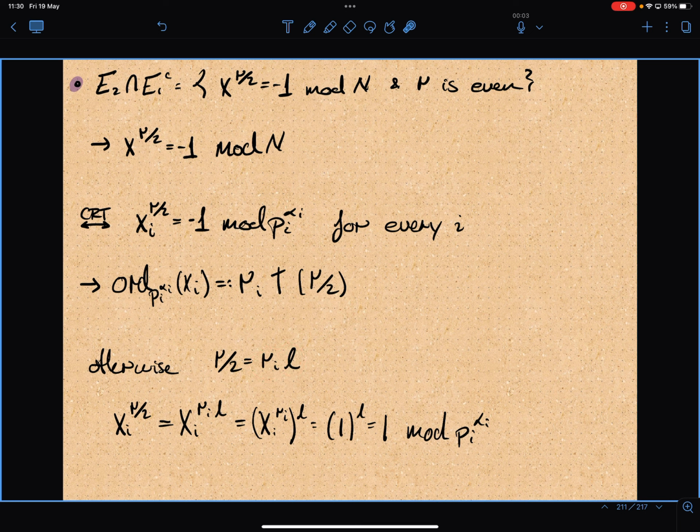Then we would have xi to the r over 2 equal to xi to the ri l, and we compute xi to the ri first, and since ri is the order of xi, this would be equal to 1, and then 1 to the l is 1, and we have that xi to the r over 2 is equal to 1 mod pi^alpha_i. So this would give us a contradiction, because we know that xi to the r over 2 is equal to -1 mod pi^alpha_i. So we have this conclusion that ri doesn't divide r over 2.